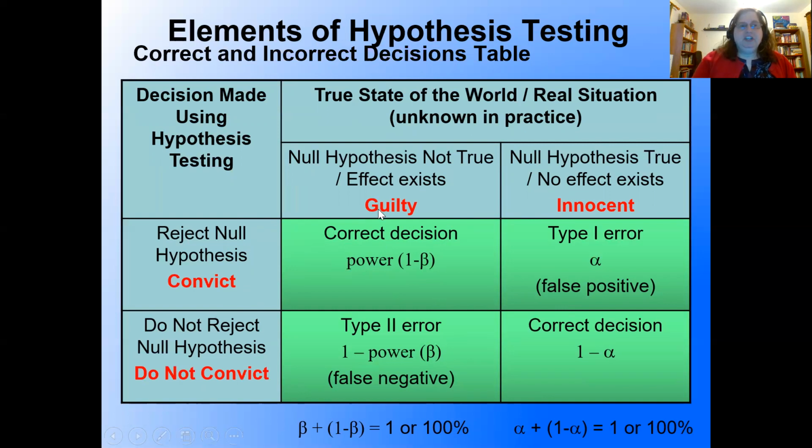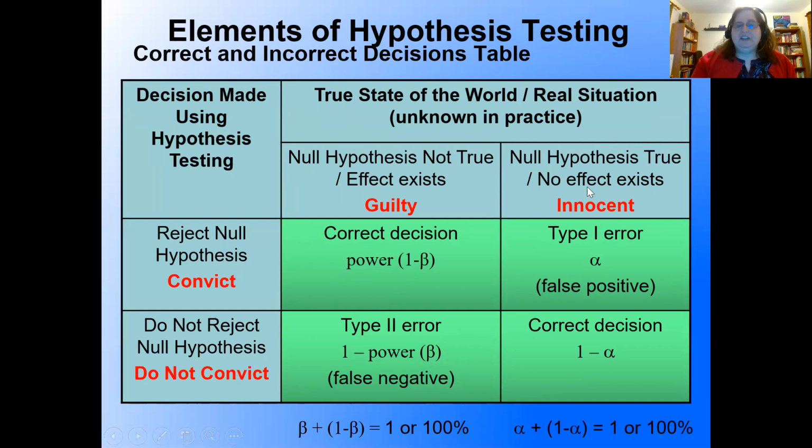If they're guilty and you convict them, you've made a correct decision. Power. If they're guilty and you do not convict them, false negative, they got away. Type 2 error. They got away from you.